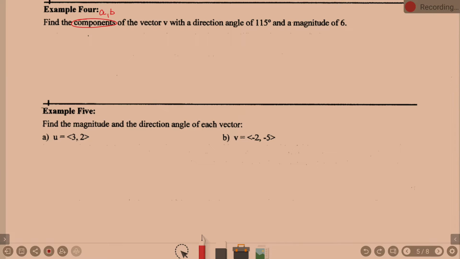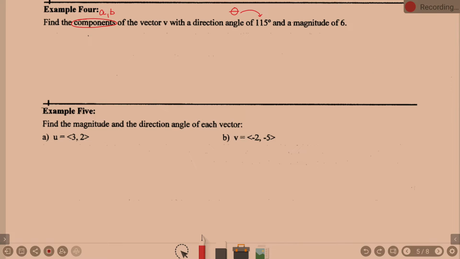So the direction angle is 115 degrees, and that's going to represent theta. If you go back and read from yesterday, it says it's the angle that the vector makes with the positive side of the x-axis. Well, where does 115 start? Right here, positive side of the x-axis, and goes over there, right? So that whole piece is your theta there.